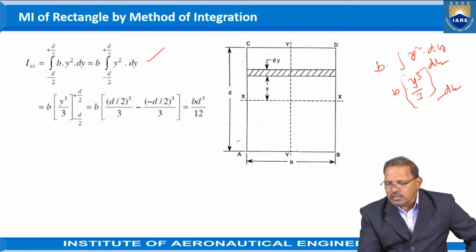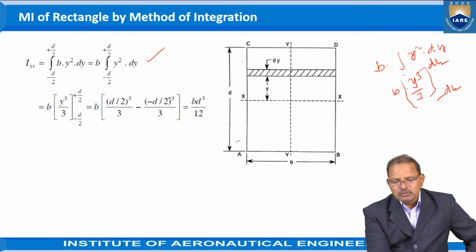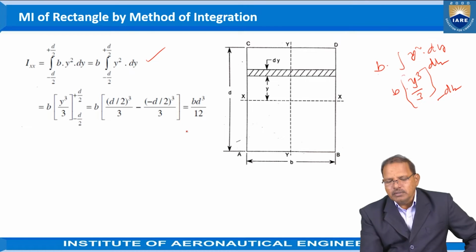Substituting these limits, we get b into d by 2 whole cube by 3 minus minus d by 2 whole cube divided by 3. From this equation we get b d cube by 12.